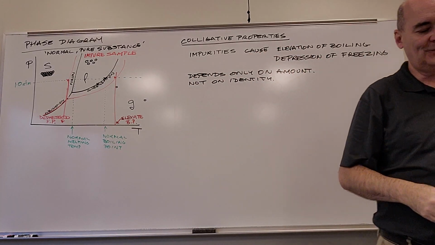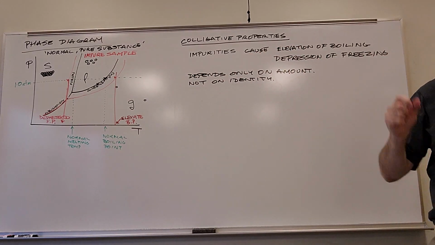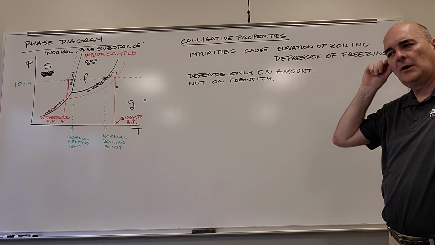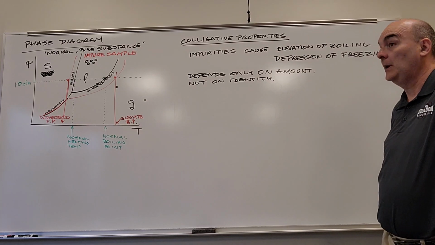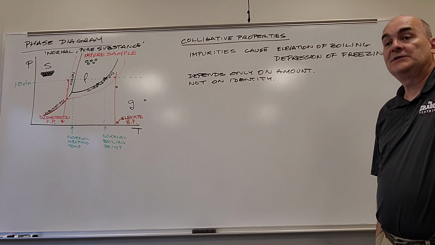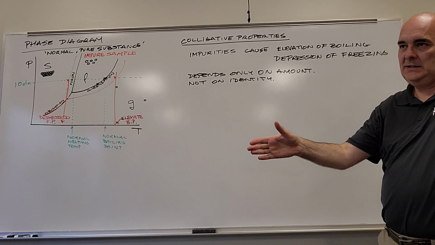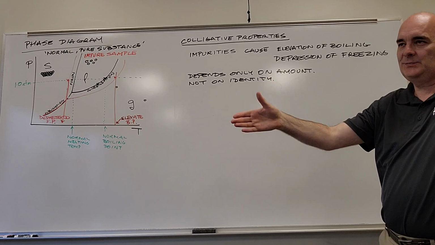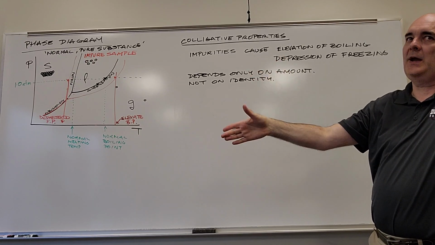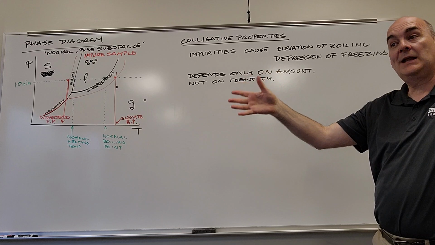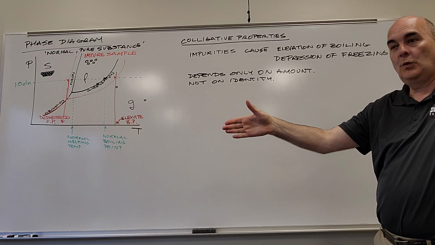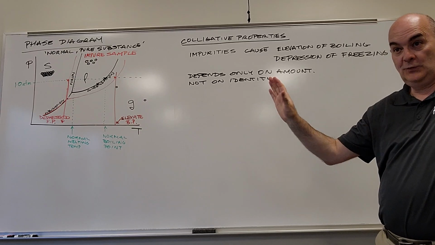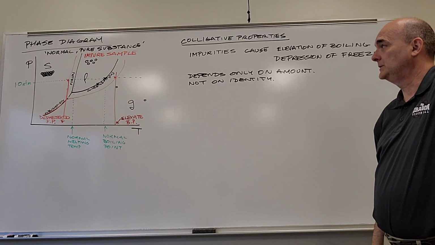Even in our General Chemistry 1 textbook, there's a couple of famous experiments that lots of people do in General Chemistry lab about depression of freezing point. They'll take something that's pure, find its freezing point, then add an impurity to it and watch it become more difficult to freeze and move to a lower freezing point.